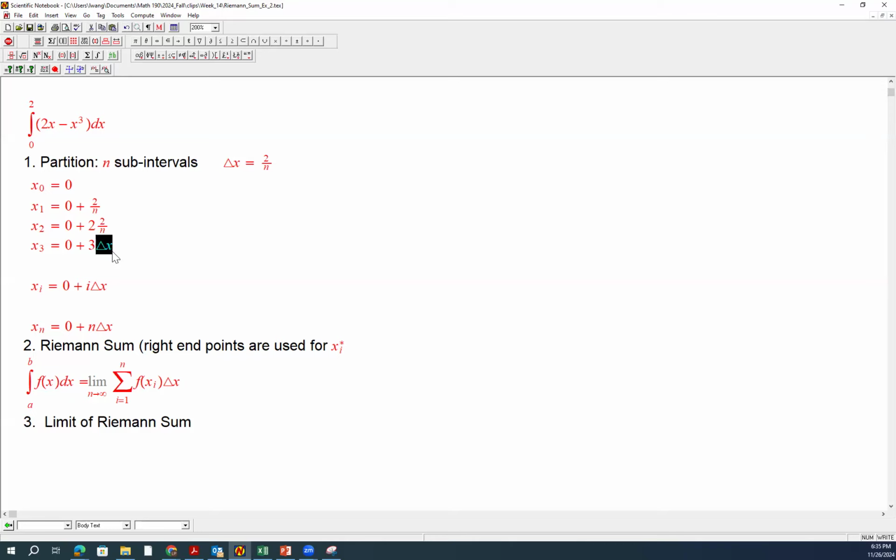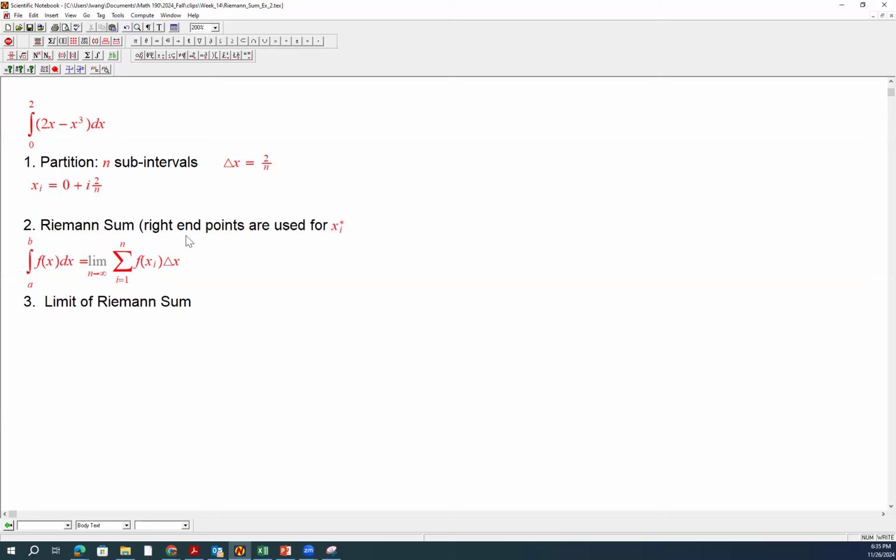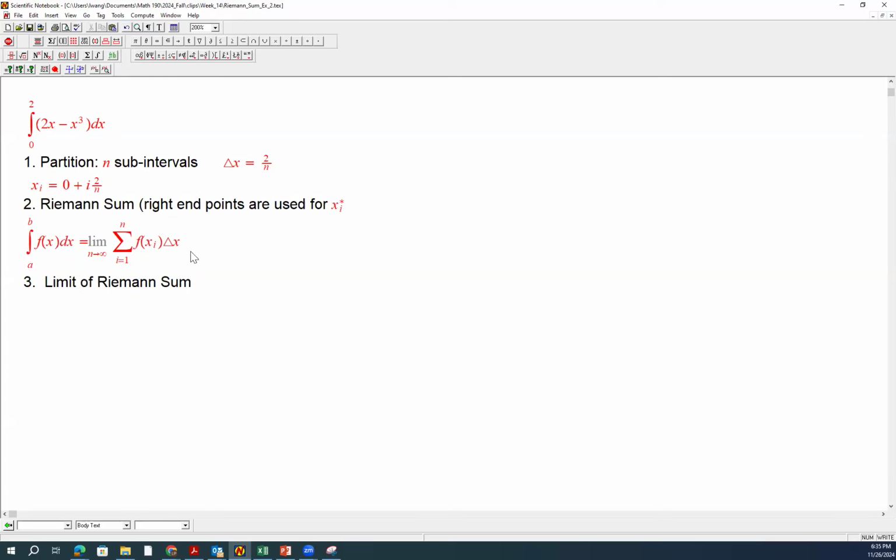What is really needed is x sub i. So at this point, you may like to just reduce the whole of this work to just x sub i, because for step 2, you don't really need those other things, because we use summation notation.